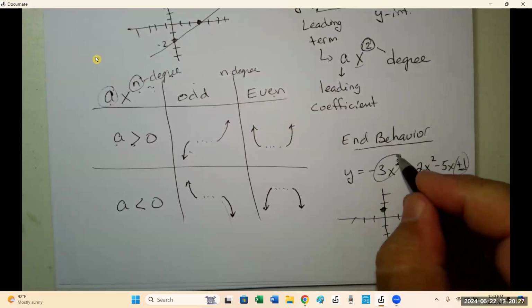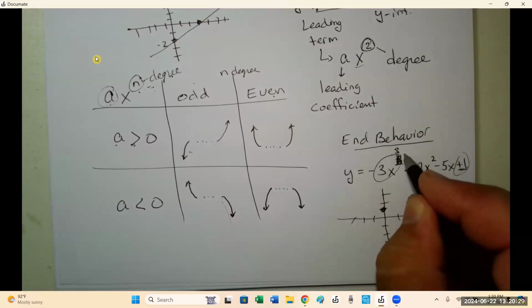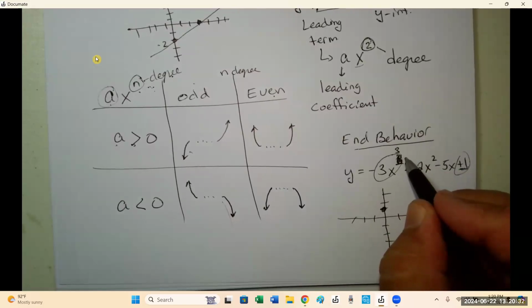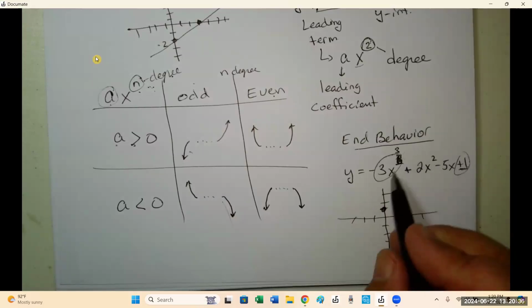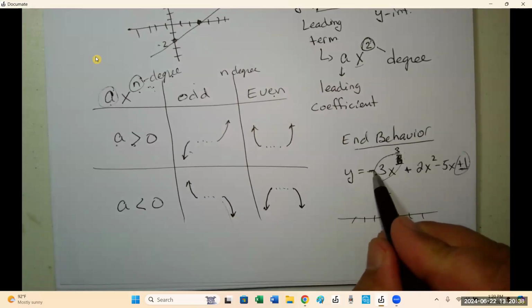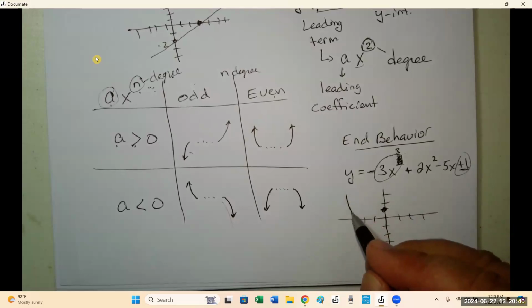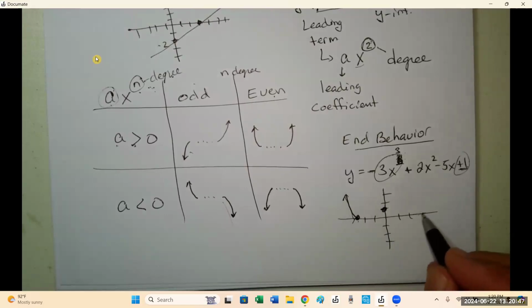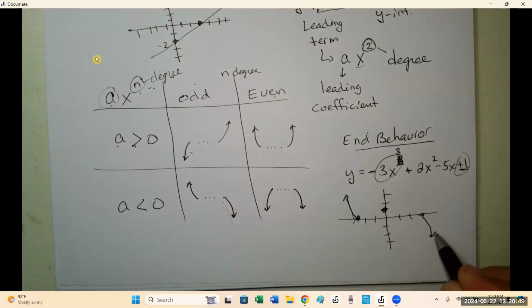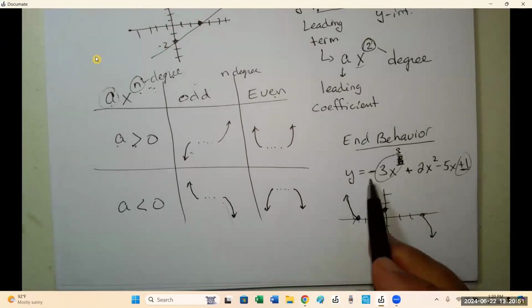And we know since the degree is odd, the ends point opposite directions. And since a is negative, it's decreasing. So on the far left it goes up, and on the far right it goes down because it's negative.